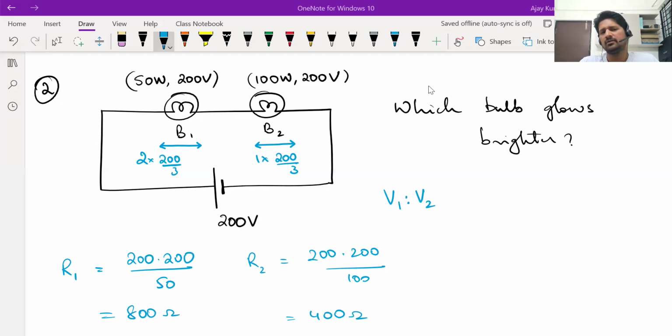Simply based on voltage, how can you say? It's not necessary that whichever has more voltage will glow brighter. No, you look at the rated values. If you give equal voltage to them, then also they are not glowing with equal brightness. This is different from this. How can you say that whichever has more voltage will definitely glow brighter?